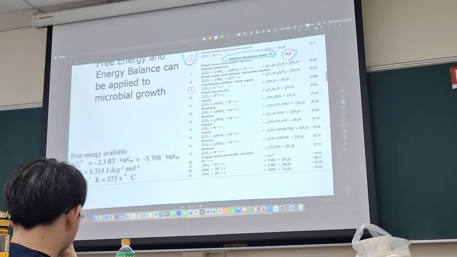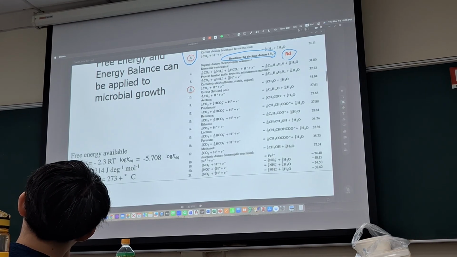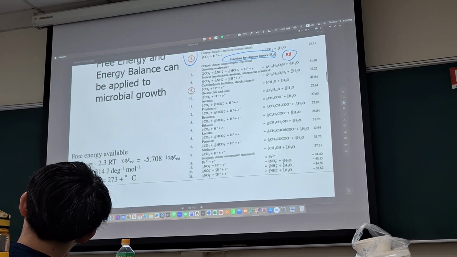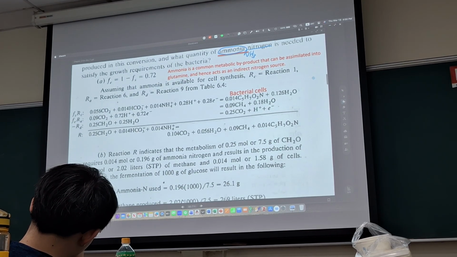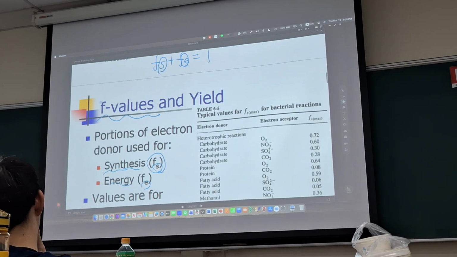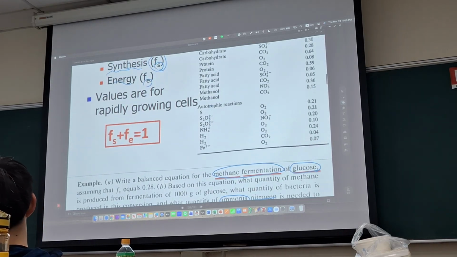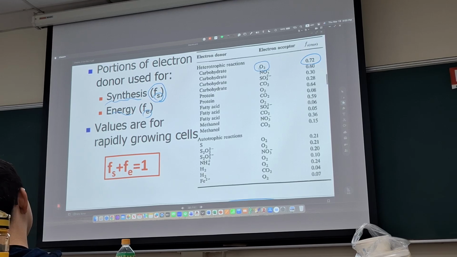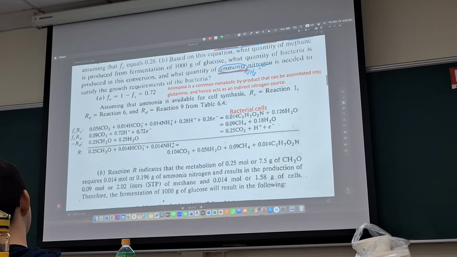And also using glucose, the carbohydrate, that's number 9 for us, and the value is 41.84. So we have everything. First of all, let's find out from these tables the values for carbohydrates and the electron acceptor.